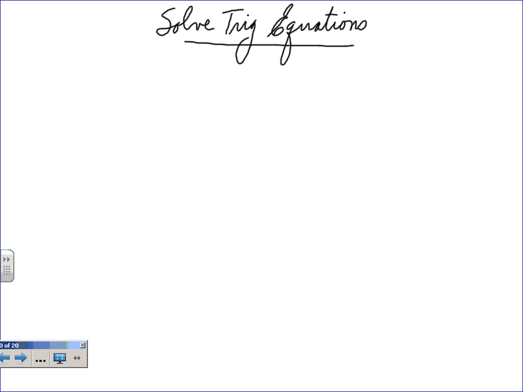So let's take something like cosine of theta equals square root of 3 minus cosine of theta. Solve for the unknown, solve for theta, find the angle. We're going to remember our algebra skills. We're going to add cosine theta to both sides.